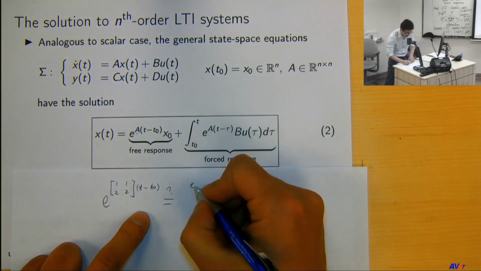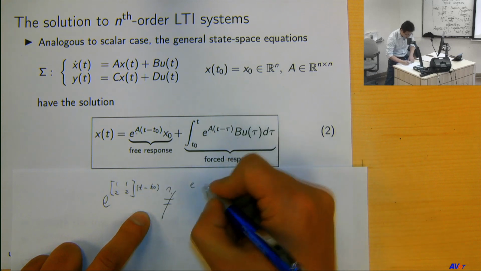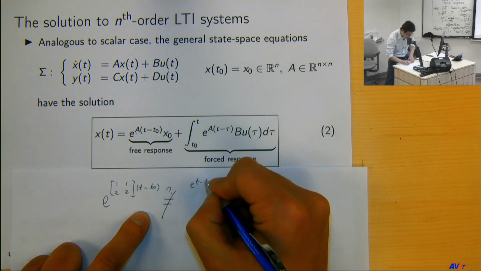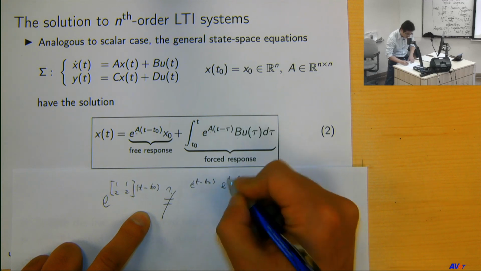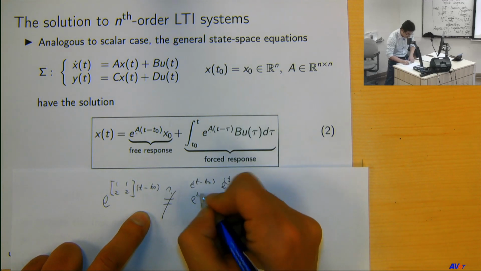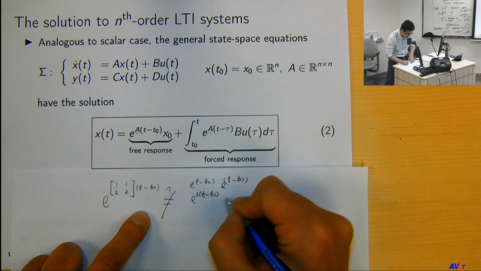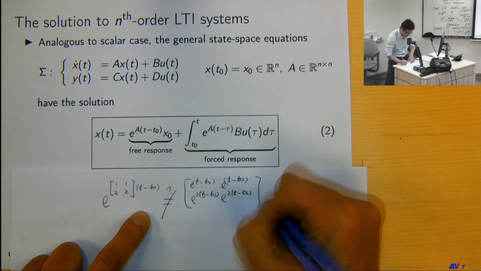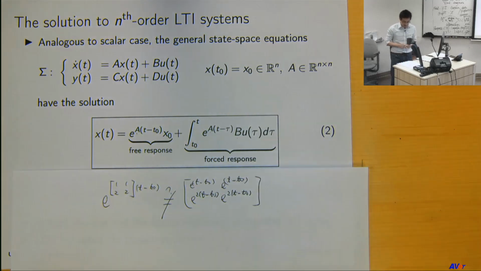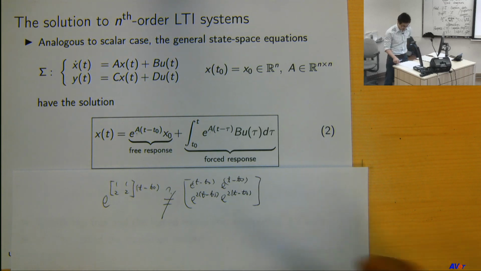It's not that either. So it doesn't equal e to the (t minus t0), e to the (t minus t0), e to the 2(t minus t0). It's not that. It doesn't equal that as easily as that, but it involves some computations. And that is what we're going to clear up.